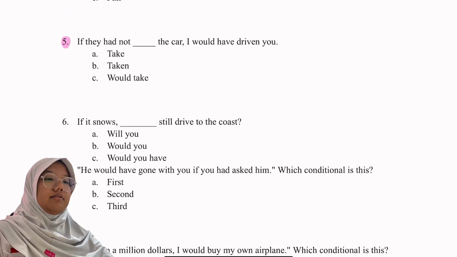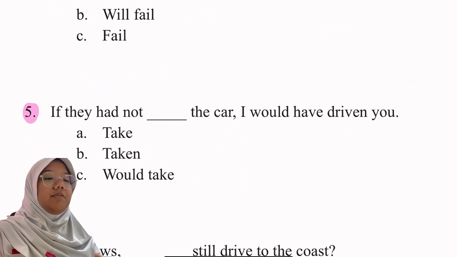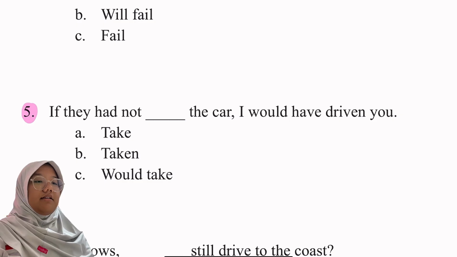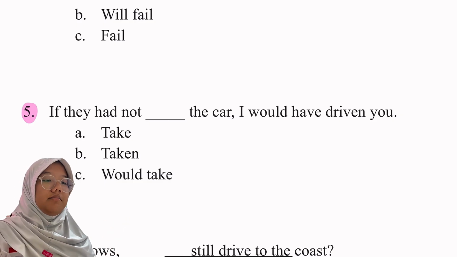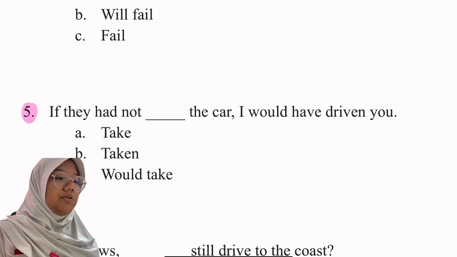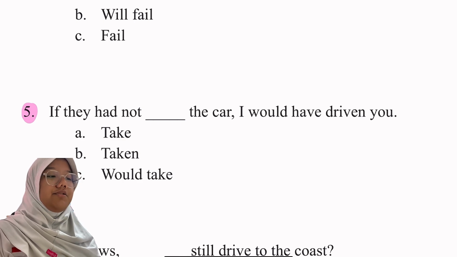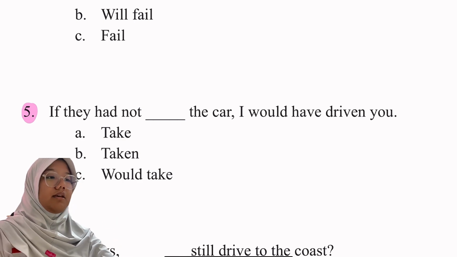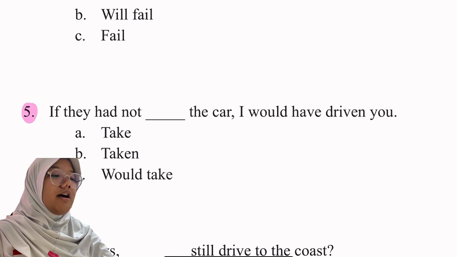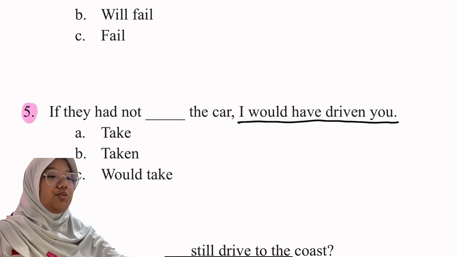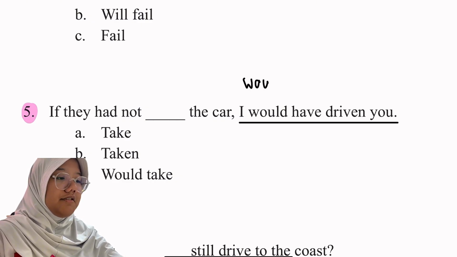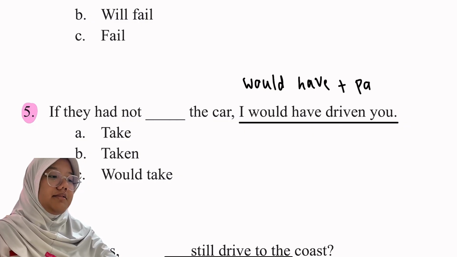Okay. We move to the next one. If they had not blah blah blah the car, I would have driven you. Okay, I would have driven you is would have plus past participle.